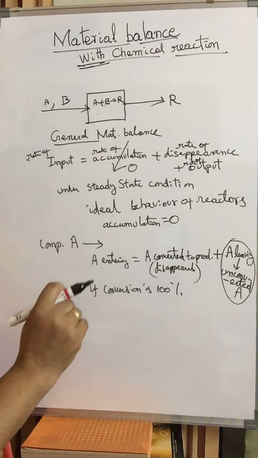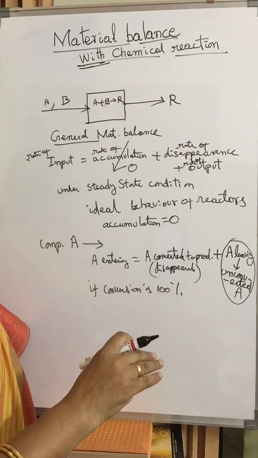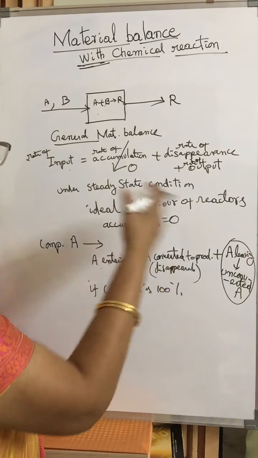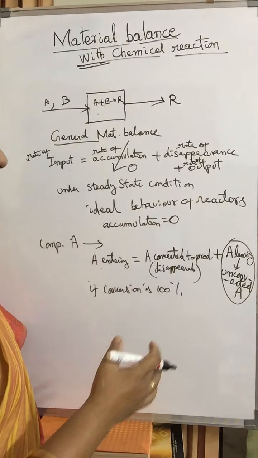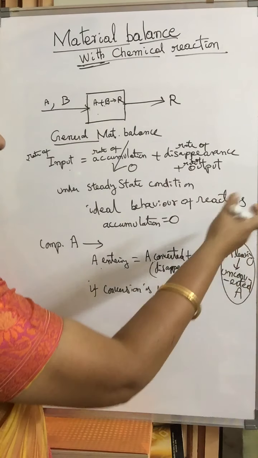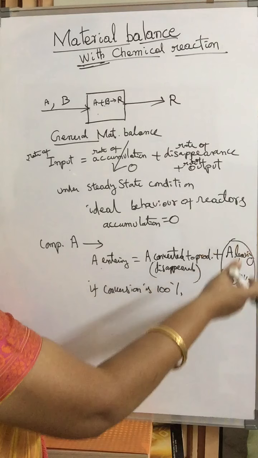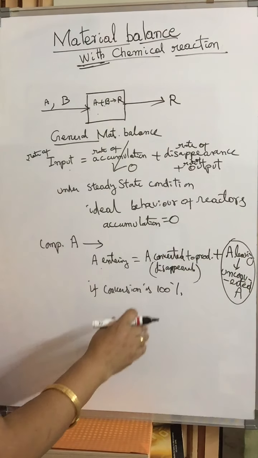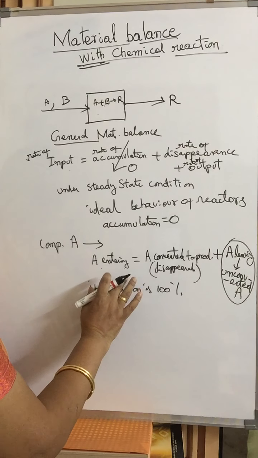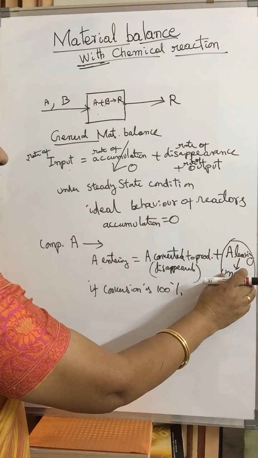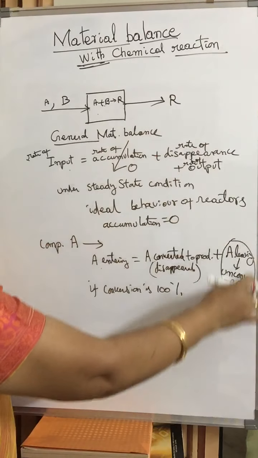In case of material balance without chemical reaction, this converted term won't be there. A will not be converted. Only the A entering will be leaving in different forms. That is material balance without chemical reaction. But with chemical reaction, whatever A is entering, some part will be converted and the remaining part will leave as unconverted.